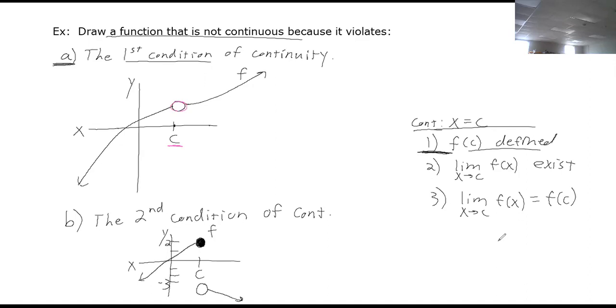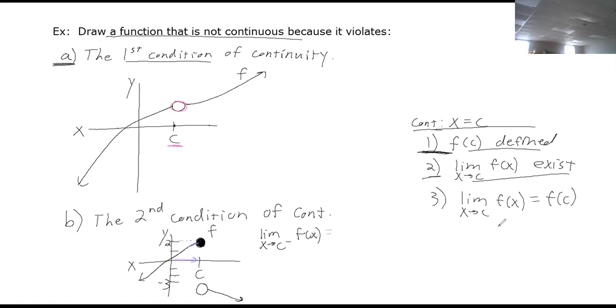Now let's see, does that violate the second condition of continuity? What does the second condition say? The limit as x approaches c must exist. Well, let's look at the limit as x approaches c from the left of my function. As my x values approach c from the left-hand side here, what is my f of x value approaching? 2.